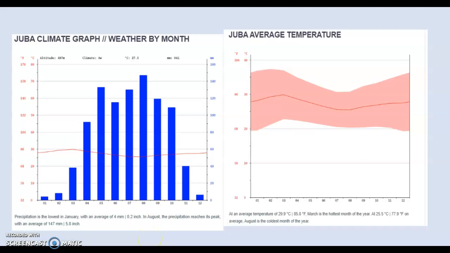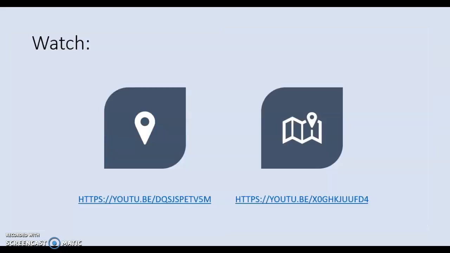So not a lot of rainfall, very hot. These are sort of classic drought conditions, really. And if you add into that the idea of climate change as well, not so good, not so good.